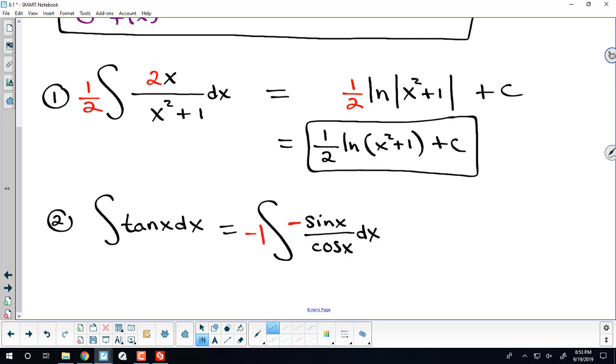Okay. So then, what is the antiderivative of tangent? Negative natural log of cosine. Right, negative. So there's our negative from that -1. Natural log, absolute value, cosine x.